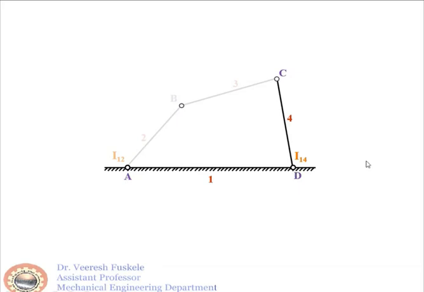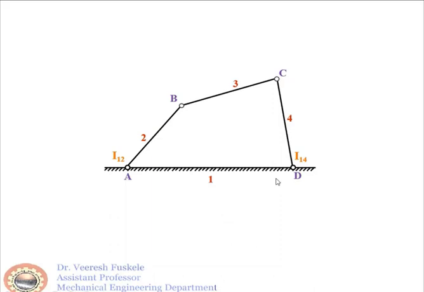So we have I12 and I14, and these two are known as fixed instantaneous centers, as for all configurations of the mechanism, they remain at the same place.